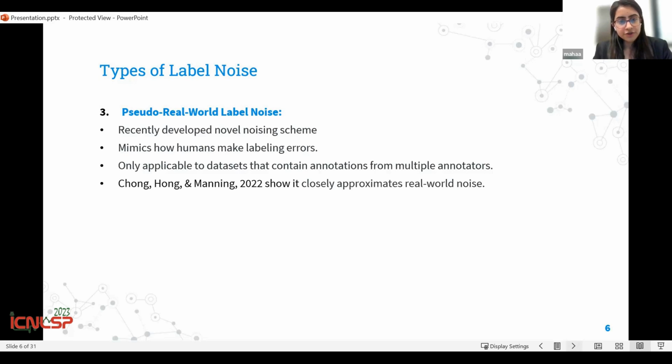The study conducted at Stanford showed that this closely approximates real-world label noise, although it's worth noting that both of these noise types, pseudo real-world label noise and randomly injected label noise, are synthetic noise types, and only feature-dependent label noise is organic, real label noise. The researchers also showed that significant degradation in performance is observed as the noise level increases.